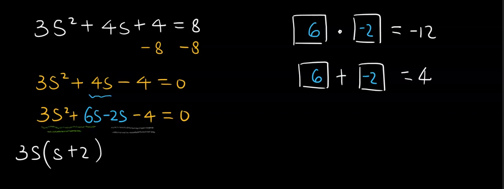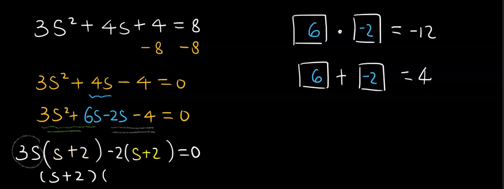The next two terms, we can factor out a negative 2. And we have s plus 2 equals 0. One more time, because you see s plus 2, which means s plus 2 factor out. And what do we have? 3s minus 2. We have 3s minus 2 equals 0.